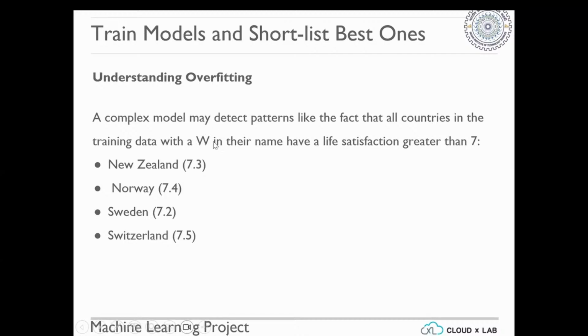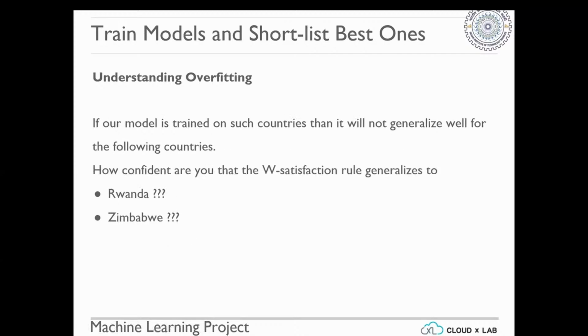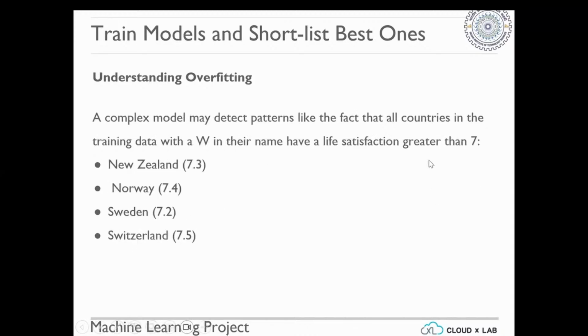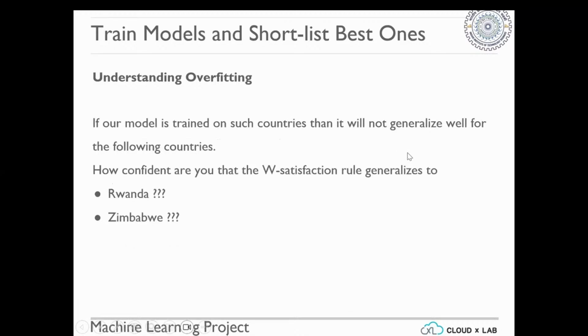So this is a wrong pattern, because what our model captures here using this data is that if a country name has a W in it, then life satisfaction is greater than 7. So clearly this is a wrong pattern. If the model tries to capture this pattern, then definitely we will suffer from the overfitting problem, because at test time, when we have Zimbabwe or a similar country, it will again give life satisfaction greater than 7, which is wrong, right?